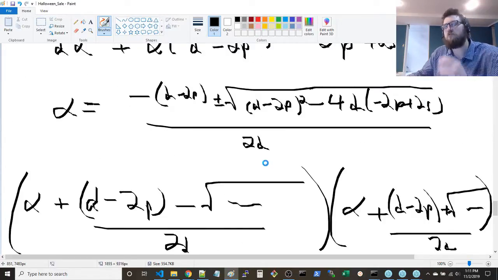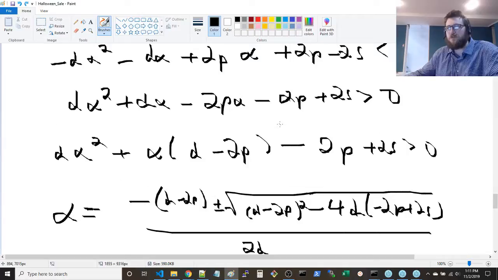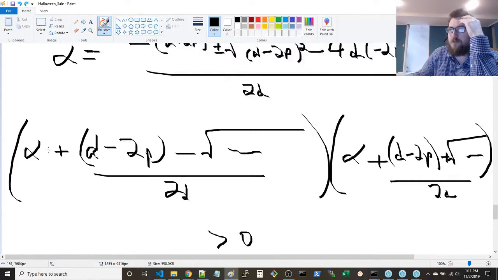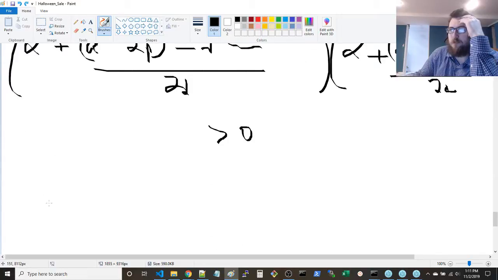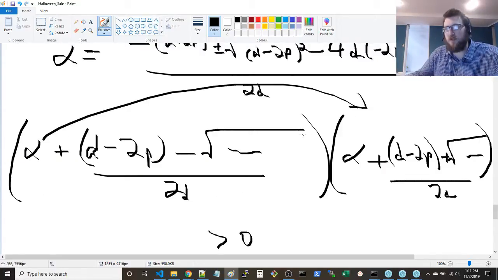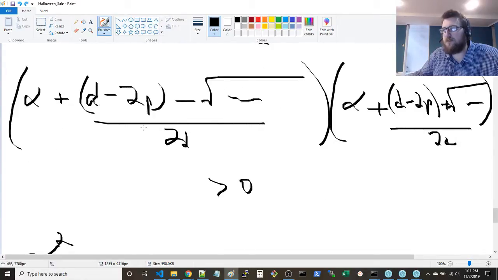Now in theory, you just factorized this expression into these two different roots. In truth though, what happens if you multiply this out? You get alpha squared of these two things multiplied by each other.